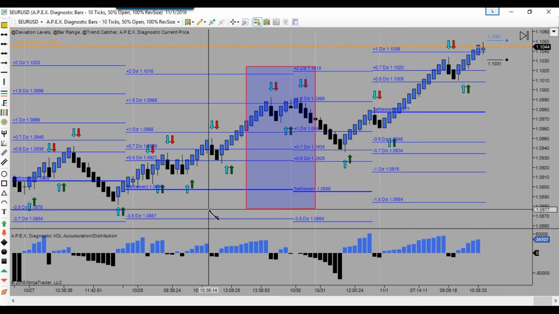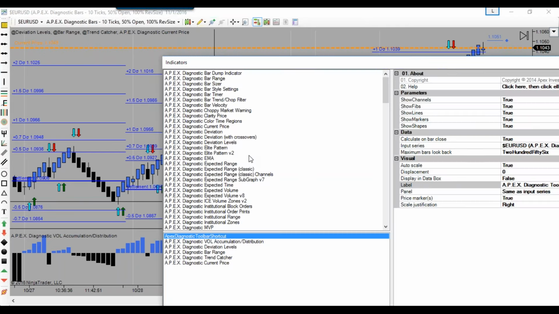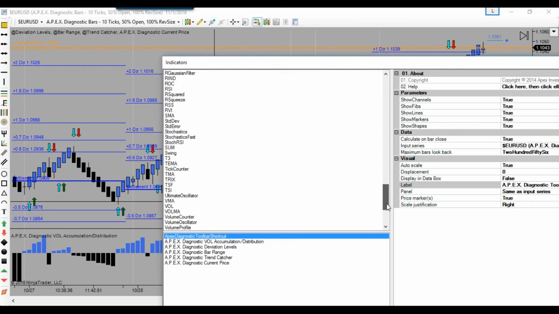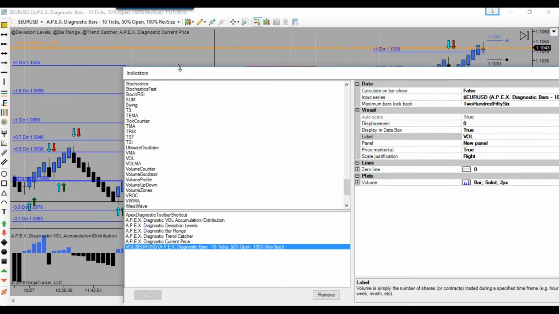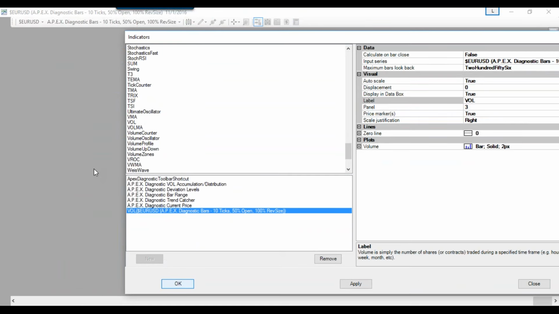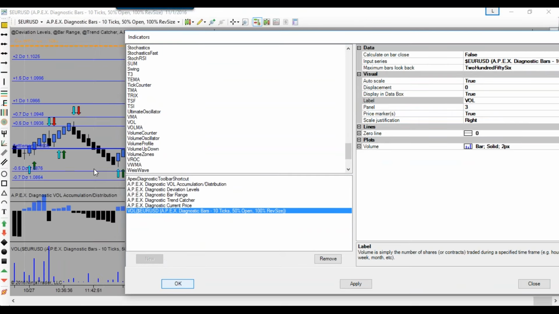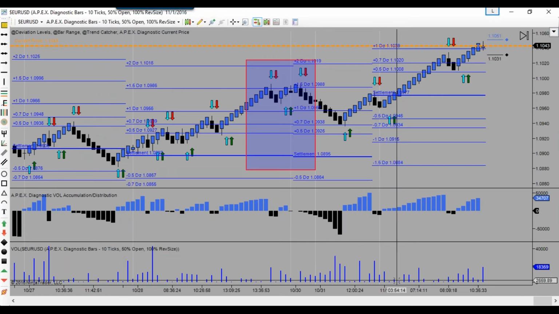Just real quick, I want you to understand this, it's extremely important. If you were to add on a simple volume indicator, that's going to measure the volume within a particular bar. I want you to see the difference here.